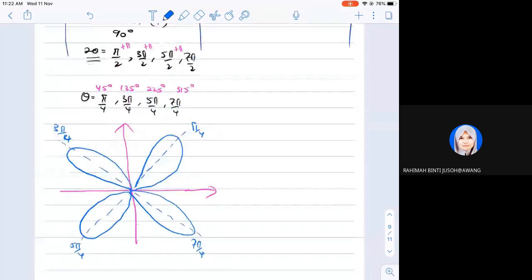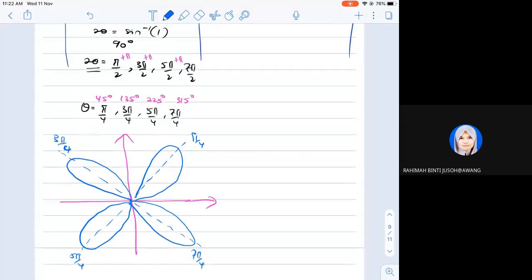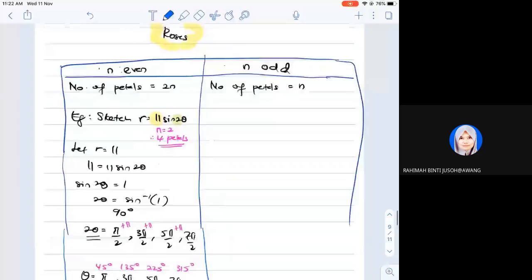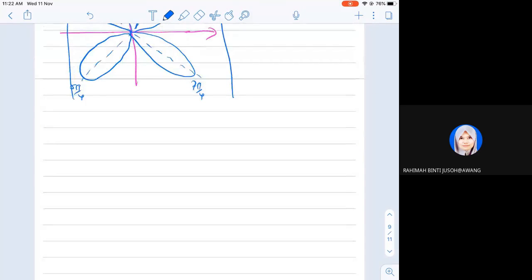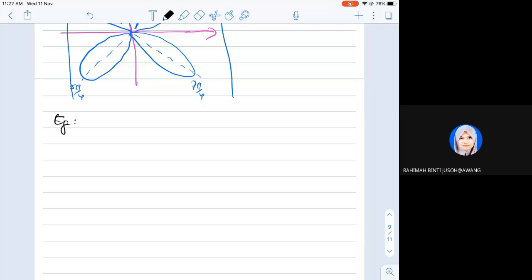Okay, that's the sine case. For the cos case, let's sketch an example, say 8 cos 2 theta.